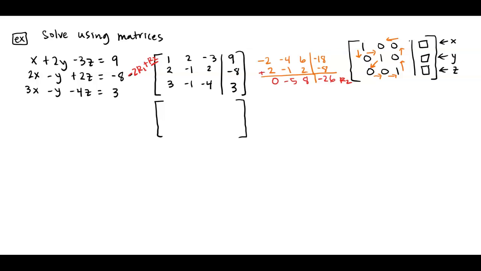My row 1 stays the same, and my row 3 stayed the same. But my row 2 is now 0, -5, 8, -26, okay?